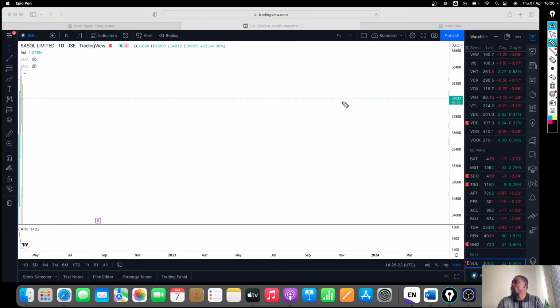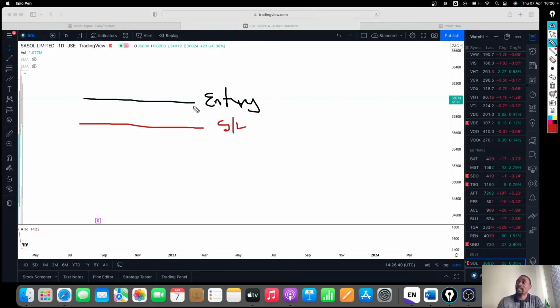Then whenever you want to put in a stop loss, you are buying at the current price. So this is your entry here. Like I said, don't judge my handwriting. It doesn't matter what the price is, but you want to limit the risk that you are taking on that particular position. So the stop loss has to be below your entry price, because you cannot have a stop loss that is greater than the entry price.